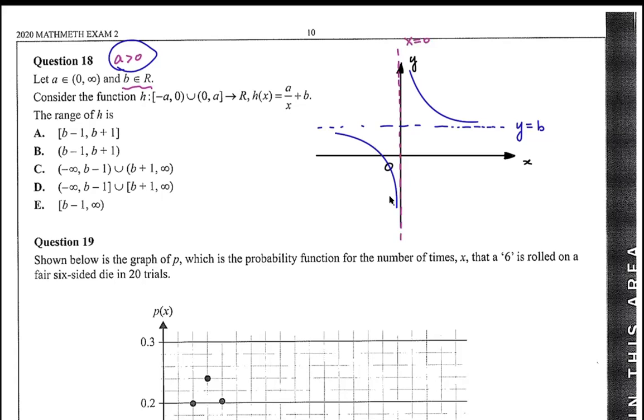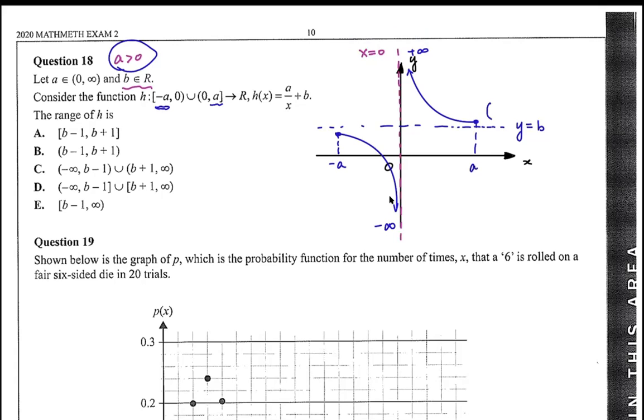So the function around X equals to 0 is getting towards -infinity or positive infinity, okay? Right, but we can't extend the graph to the positive infinity or negative infinity. It actually ends at somewhere like -A or A here.